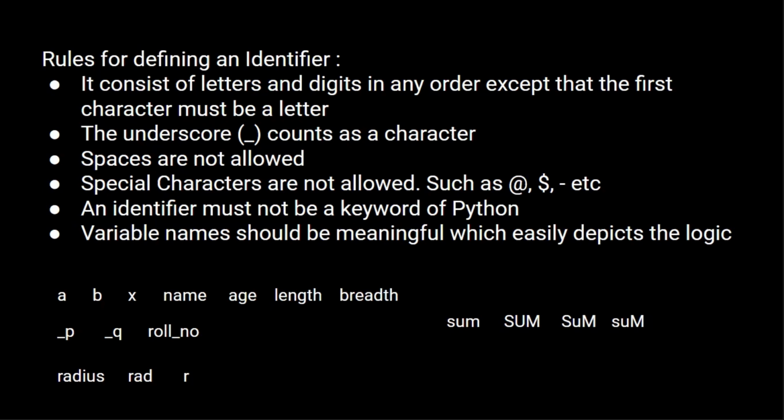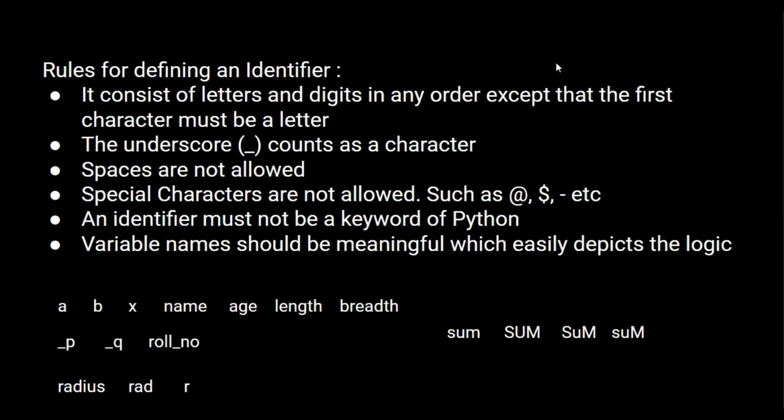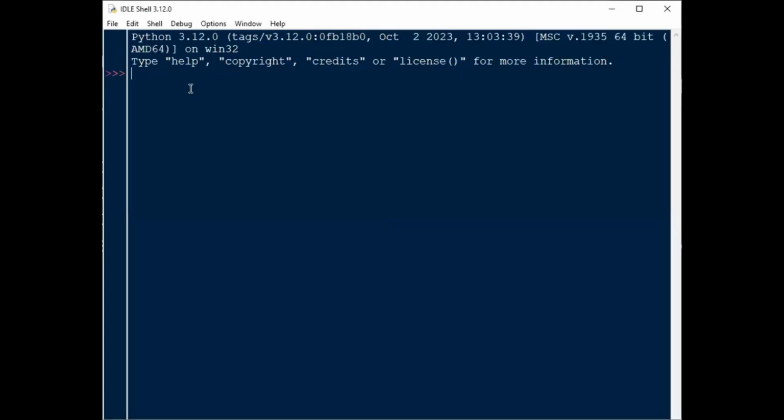Okay. So here on the screen, we have given all the valid identifiers. Now we will see directly on the Python shell what the invalid identifiers are. So here we are on the Python shell.